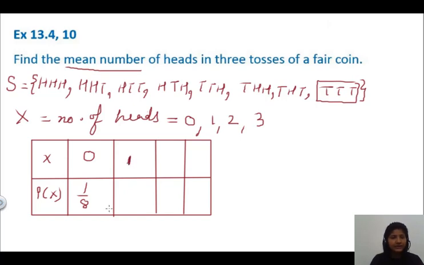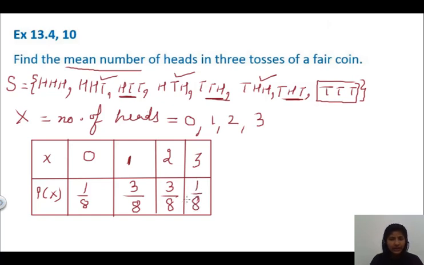When the number of heads is 1, it happens in three cases, so the probability is 3 out of 8. When the number of heads is 2, again there are 3 cases, so 3 out of 8. When the number of heads is 3, the only leftover outcome is head, head, head, so the probability is 1 by 8.